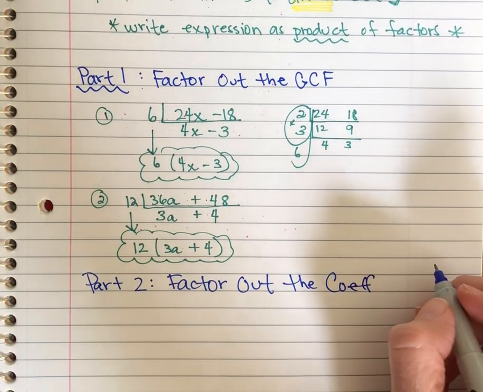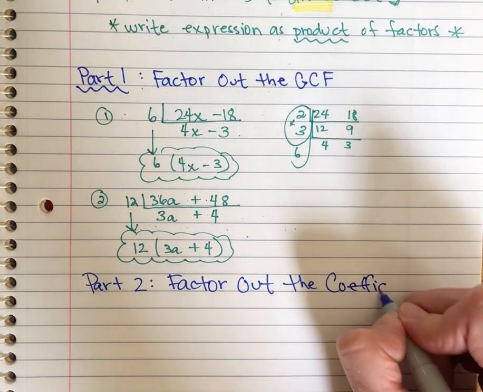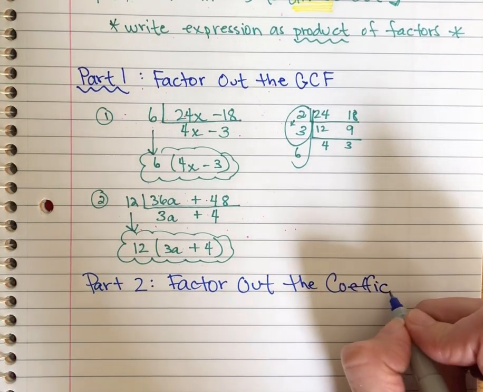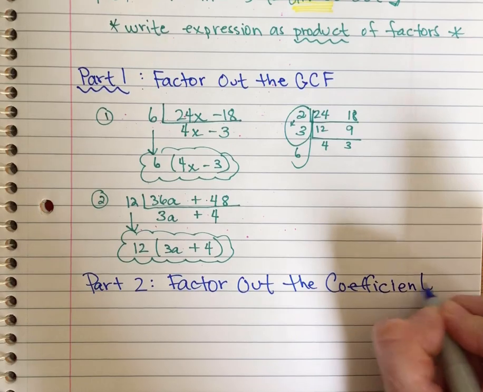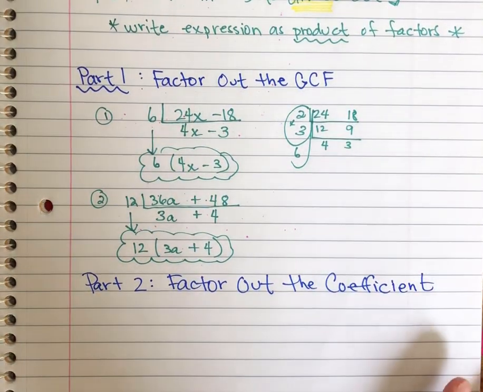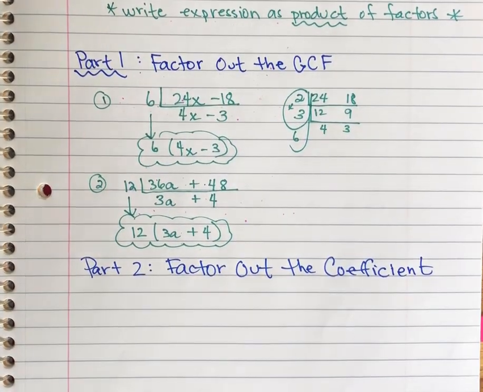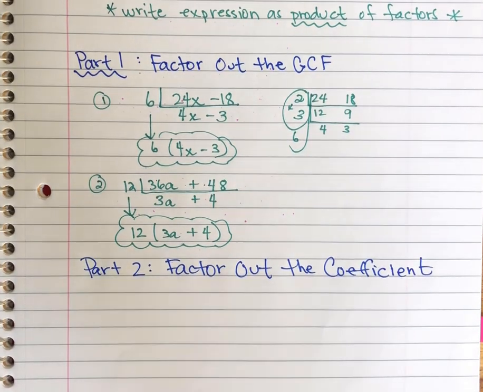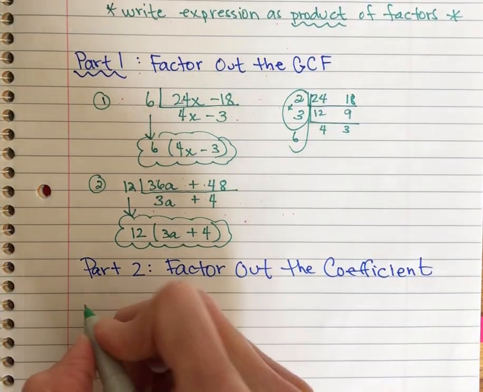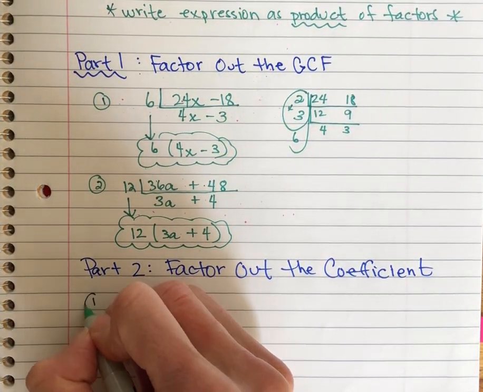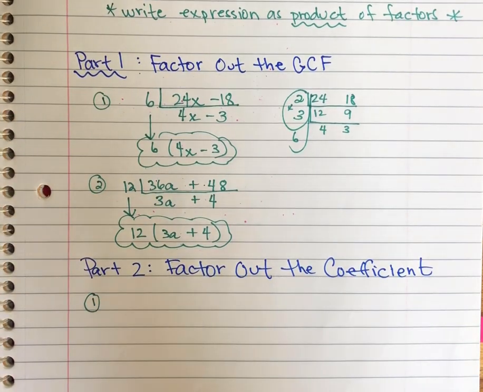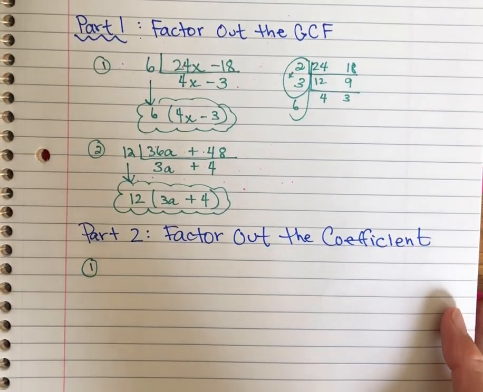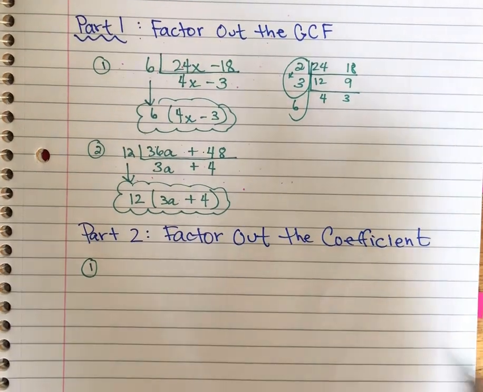Let's see if I can spell this right. Okay, so let's try a couple of these together. You're gonna find that they're gonna be pretty easy, but there might be some tedious computation that you'll have to do to arrive at your answer.